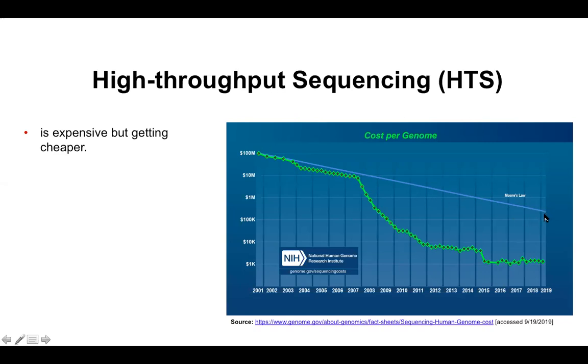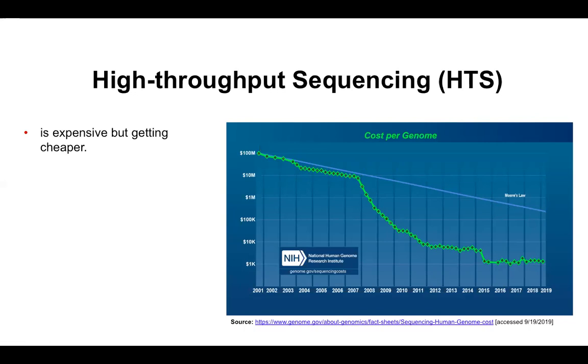So we would expect in 2019, a year and a half, 2 years ago, it would cost like $100,000 to $250,000 to sequence a genome. And in fact, it costs about $1,000, maybe even a little less, right? That is crazy. So in 20 years, we have gone from $100 million to about $1,000.